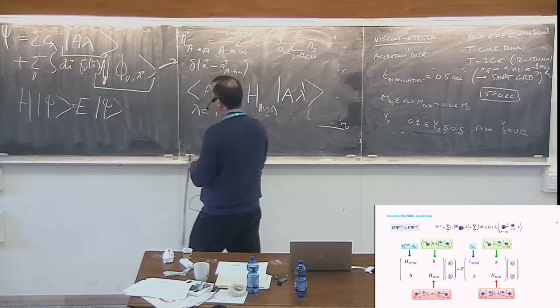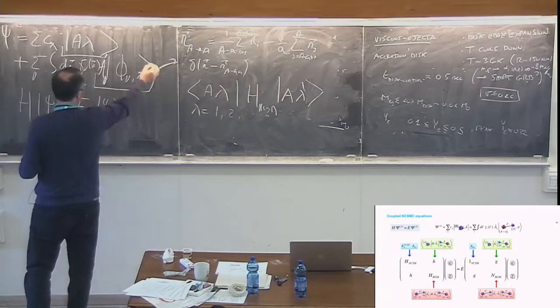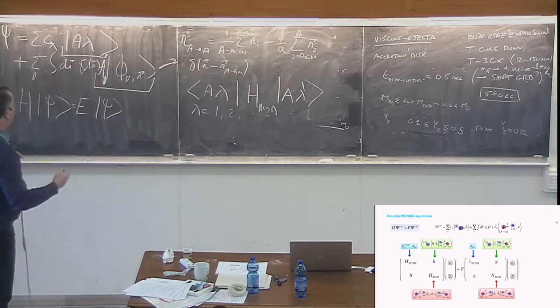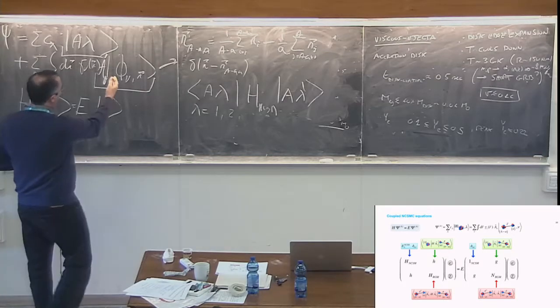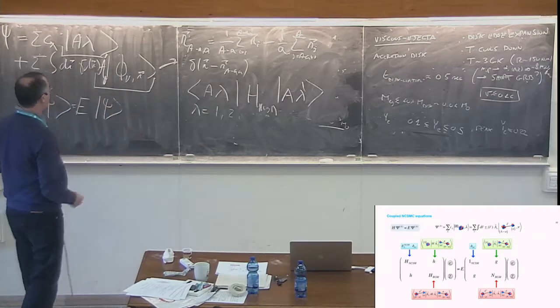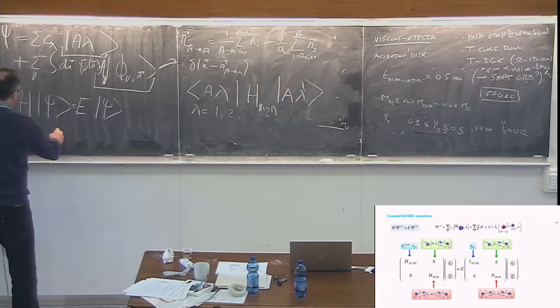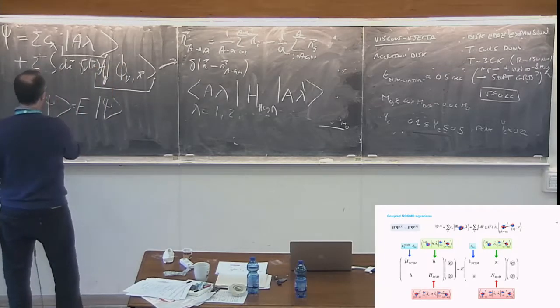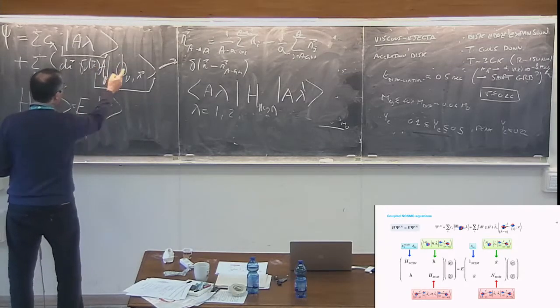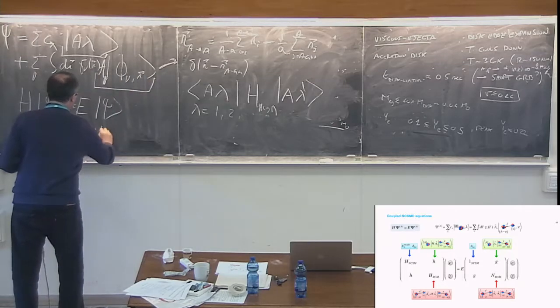But then I have this part which is coming from the resonating group method ideas, where I have products of clusters. Now for that, I have to calculate the matrix elements of the Hamiltonian in this type of basis.